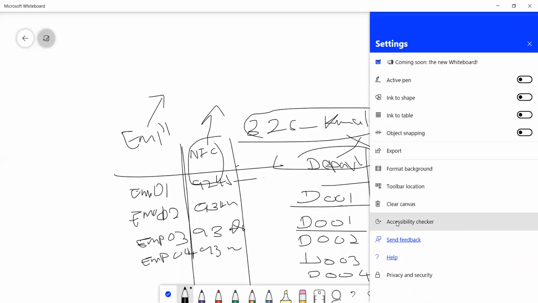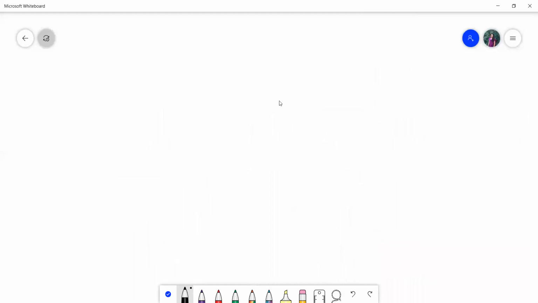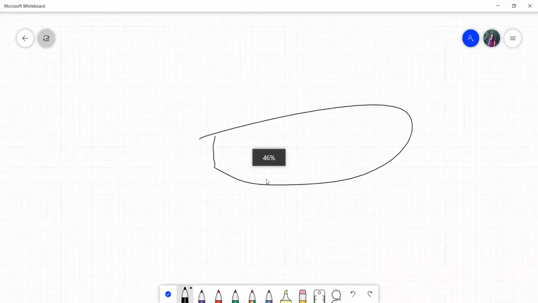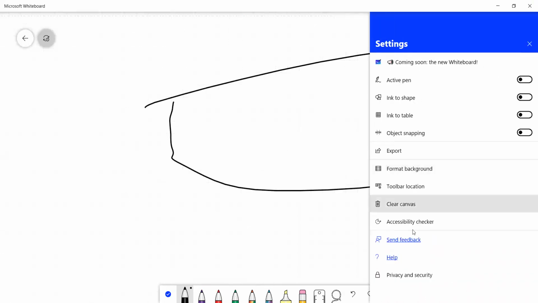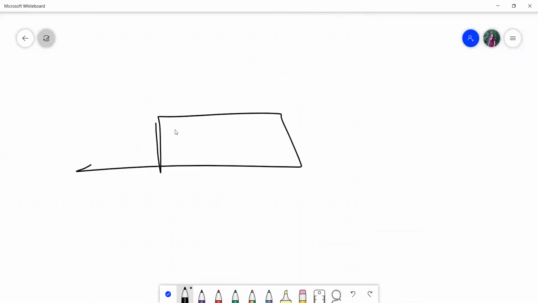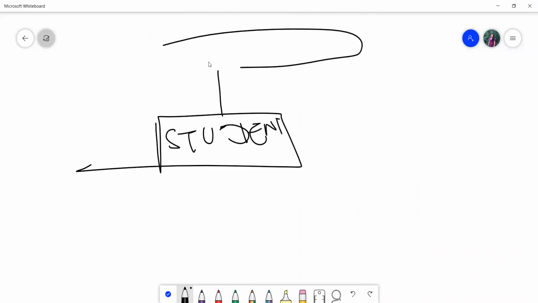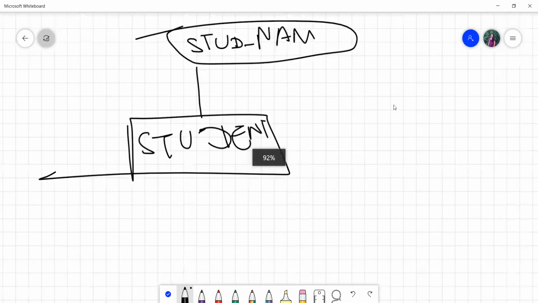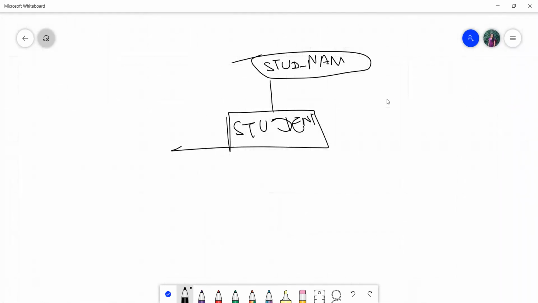Okay, I'm going to take an example. This is about student. When we consider a student name, all students have more than one part to their name. As an example, let's take initial.